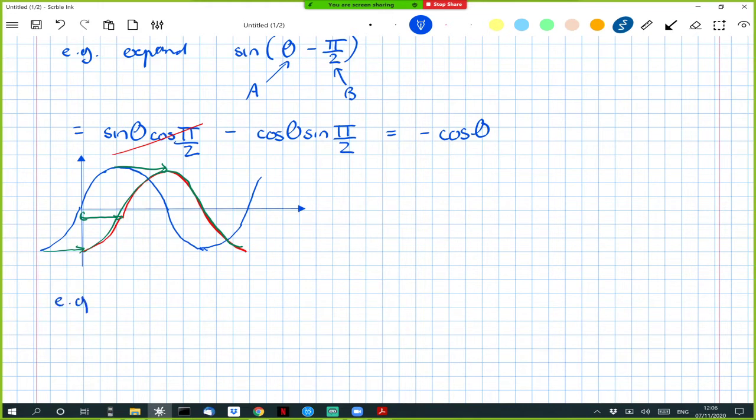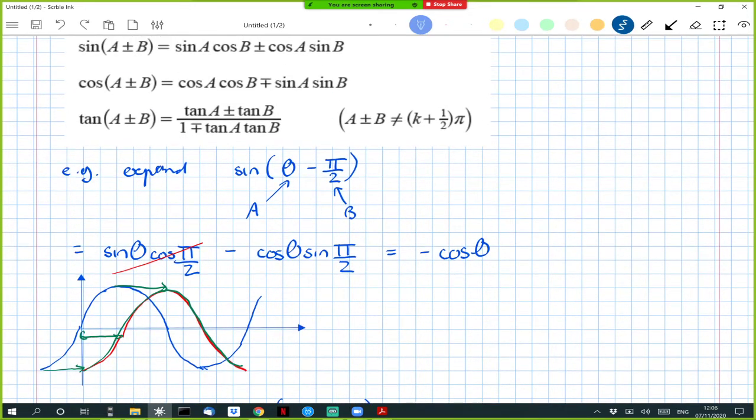So let's try another. E.g., expand tan, we'll do this in degrees, of theta plus 180 degrees. So see if you can expand that using the tan formula, which I'll just put next to it for ease of use.